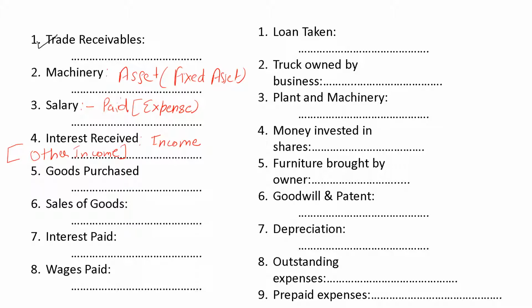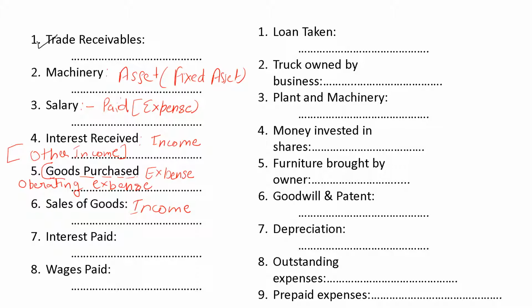Goods purchased are expenses to the business. Since money has been spent on purchase of the goods and money goes out of the business, this is an expense, and goods are purchased for reselling or to continue the operations of the business, so that's why these are operating expenses. Sales of the goods: if we sell the goods, we get some revenue, and revenue is an income.